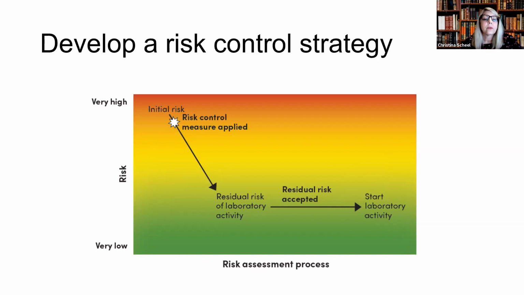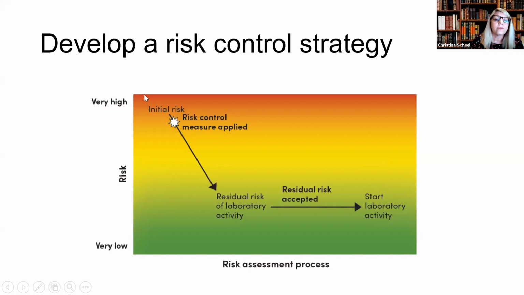And the risk controls were added to lower that risk. And so the resulting lowered risk is called the residual risk after controls have been added in. This appears to be low to medium, and this has been accepted in this particular instance as an accepted risk. And so the laboratory activities can begin.